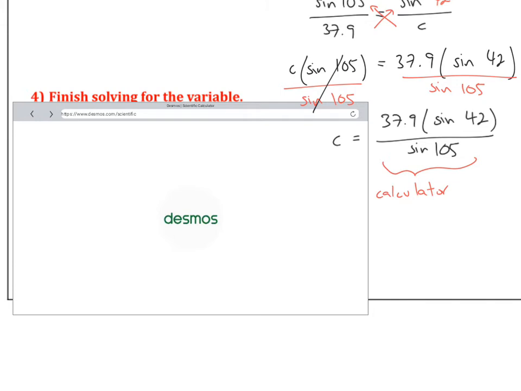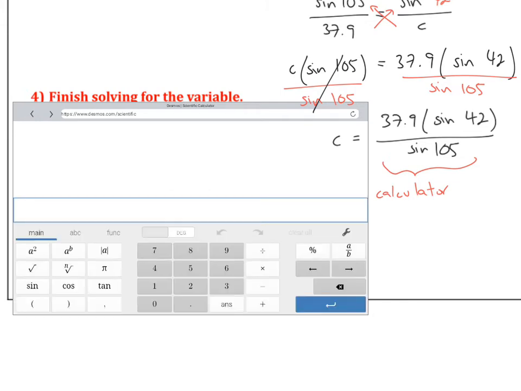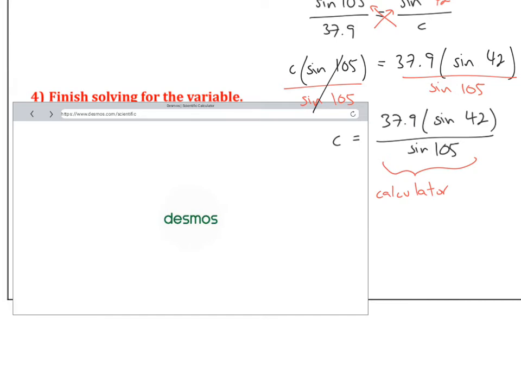All right, so go ahead and pull up that Desmos calculator. Now we're going to type everything in as we see it. Of course we're going to begin with 37 and 9/10, and this is going to get multiplied with sine of 42. I'm going to make sure that I close up that parentheses.